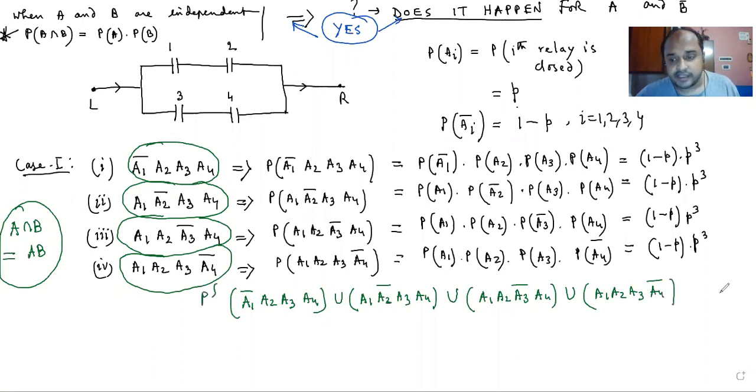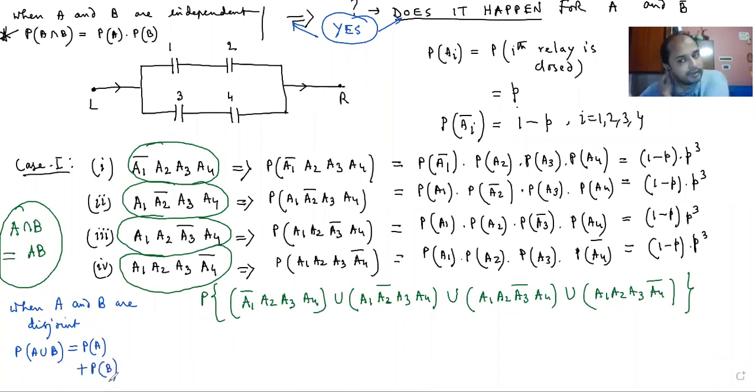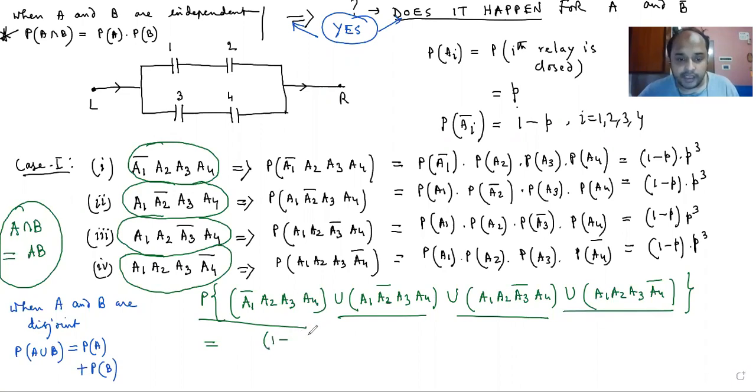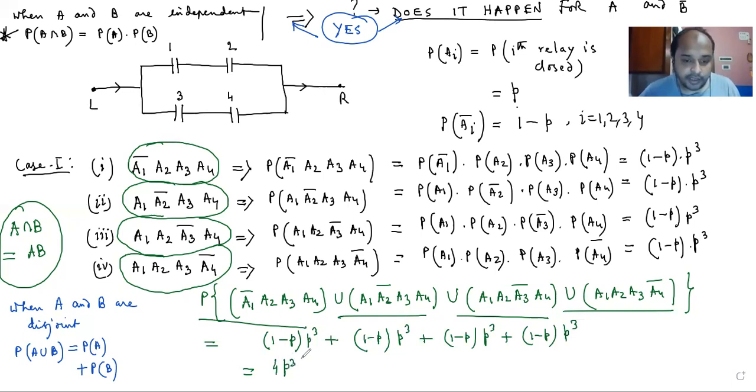And you know from our previous class that when A and B are mutually exclusive or disjoint, then the probability of A union B is equal to the probability of A plus the probability of B. So my probability now becomes the probability of this quantity plus this plus this plus this. So we are getting (1 minus p) into p cube, four times. That is 4 into p cube into (1 minus p). This is my probability for case one.